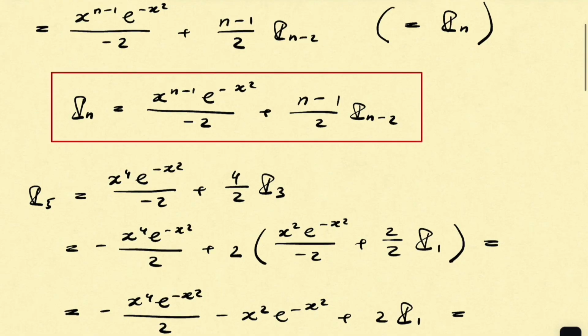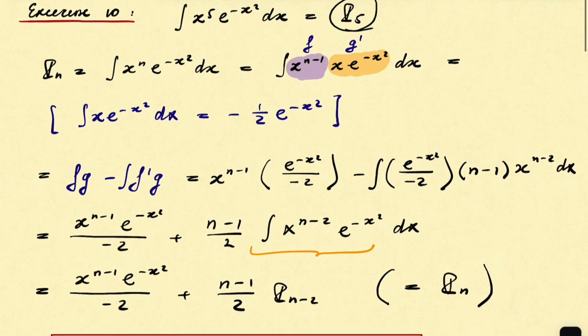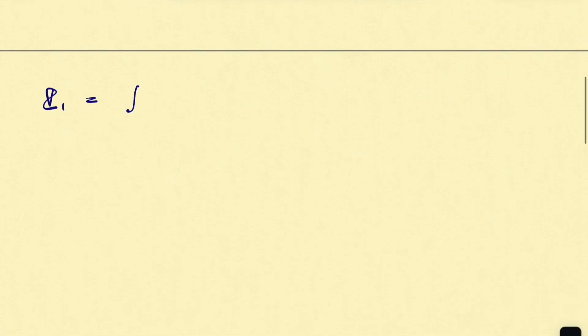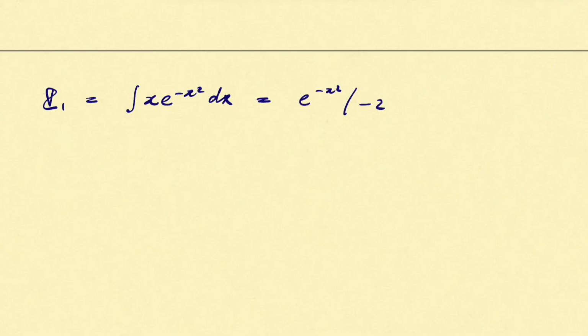Let's make it as a remark here. I_1 is equal to the integral of, let's see what was our I_n. I_n is x^n e^(-x²) dx, which means that I_1 will be x times e^(-x²) dx. We already know that it's e^(-x²) over -2 plus some constant c.